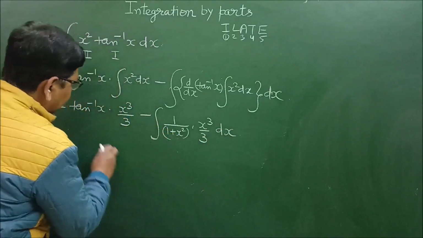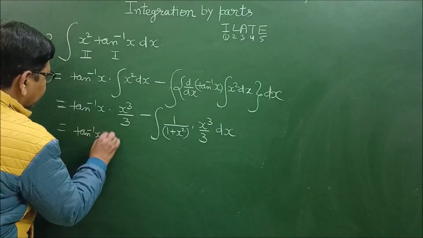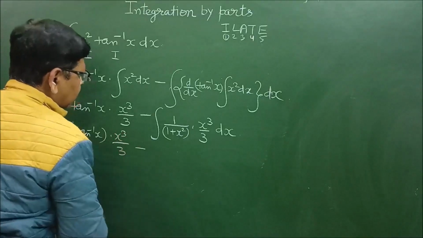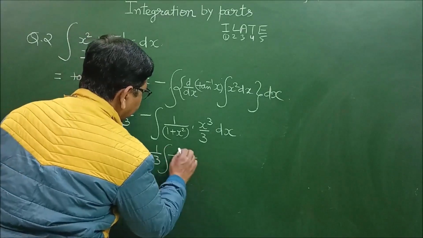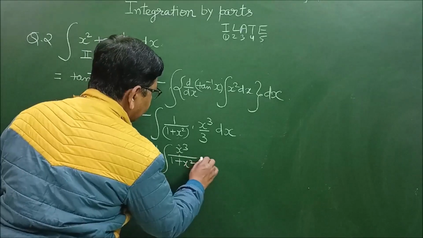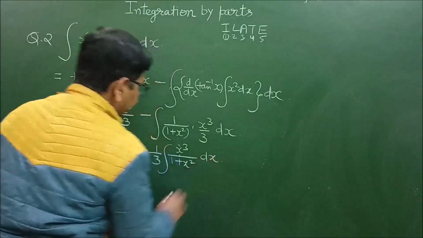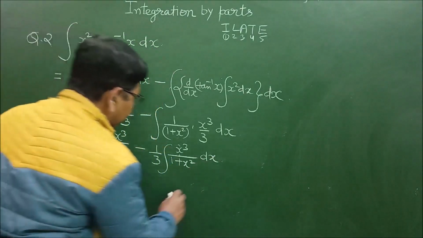Now 1 upon 3 is a constant, so we can write this as tan inverse x into x cube upon 3 minus 1 upon 3 integral of x cube upon 1 plus x square dx. Now let 1 plus x square be equal to t.